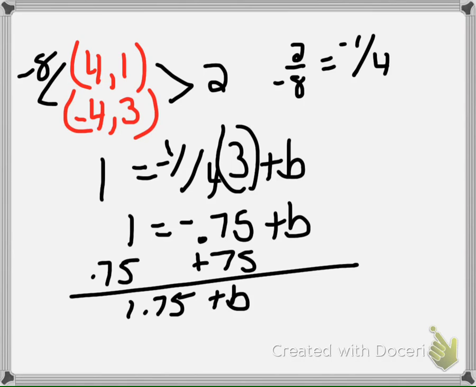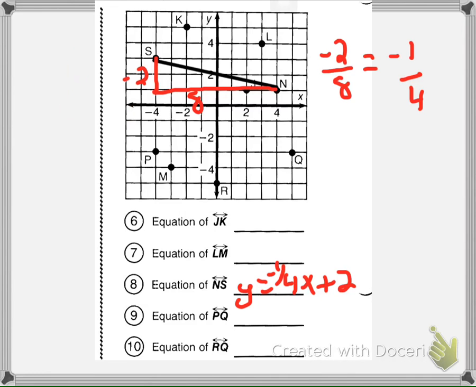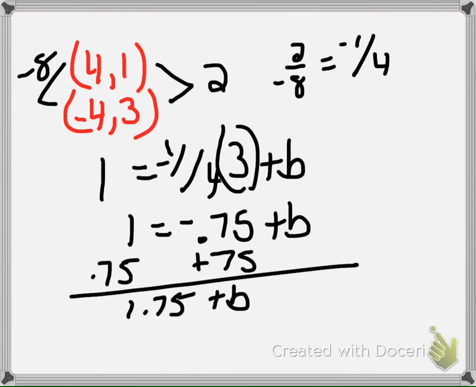1.75 is b. I did not get negative 1/4 x plus 2, so I just want to look and see what happened. So I just want to make sure my work is right. 1 plus 2 is 3, and 4, and negative 8 is negative 4.